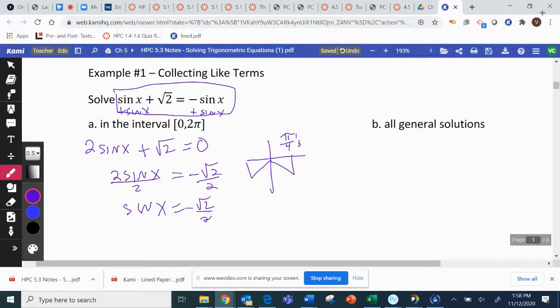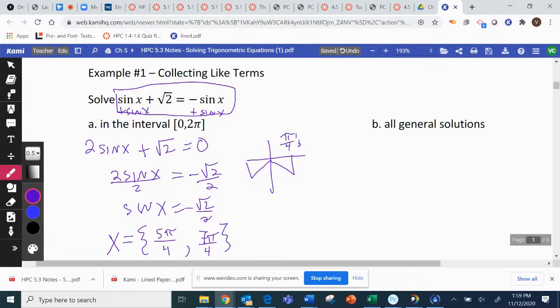And to get it into the third and fourth quadrants, we would need 5 pi over 4 and 7 pi over 4. Okay, so that's stuff we've done before.